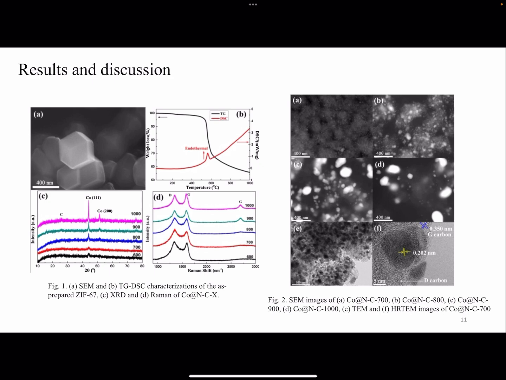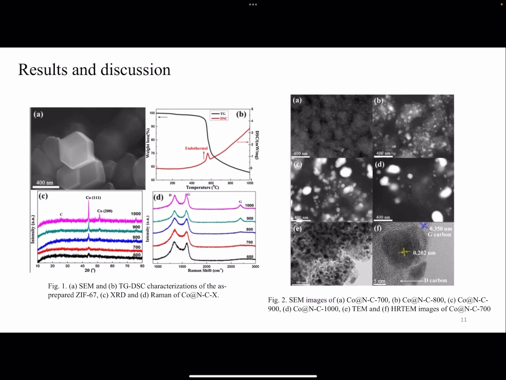And in image B, there is a sudden weight loss with an endothermic peak at about 550 degrees Celsius, which is mainly caused by the decomposition of the ZIF-67 framework, which means the 2-methylimidazole is decomposed to NC skeleton, and the cobalt-2 is reduced to cobalt-0.